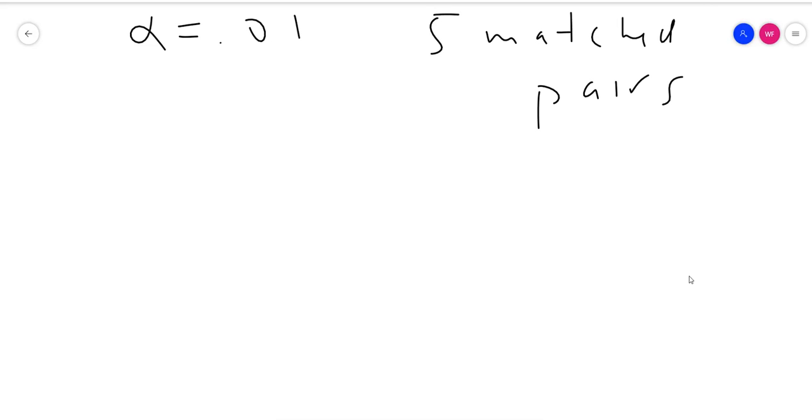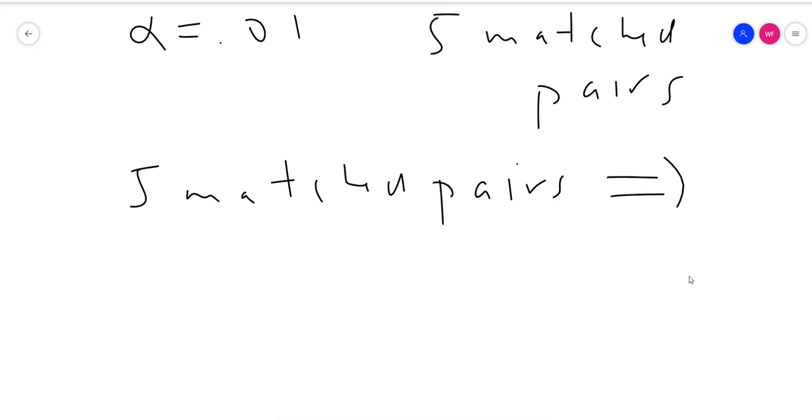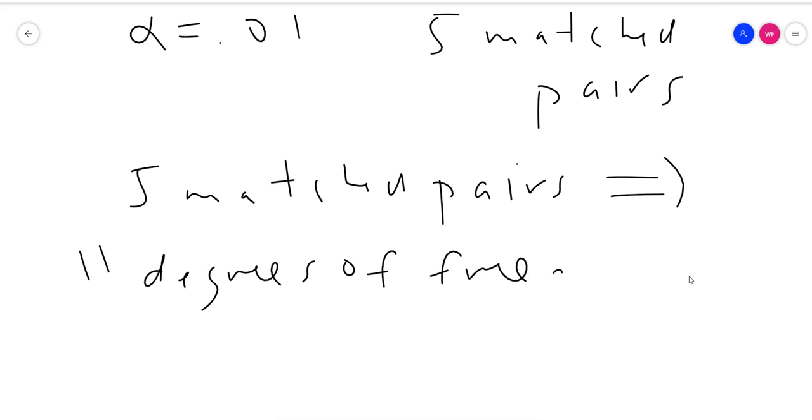Well, the picture, again, looks like that picture before, but because there are 5 matched pairs, then what's called the degrees of freedom, or sometimes df, is always going to be 1 less than the number of matched pairs.